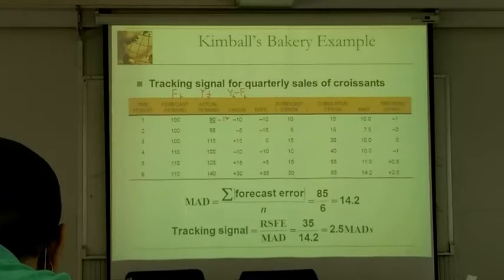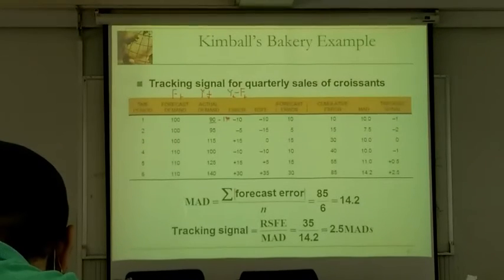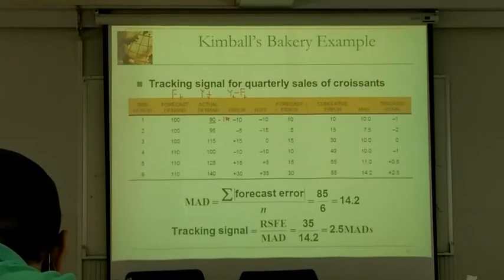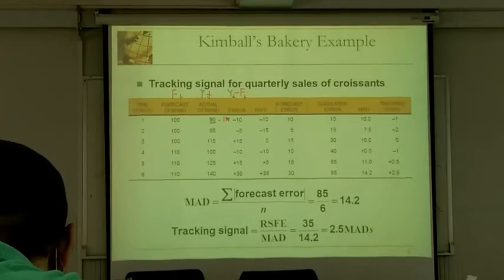So 90 subtract 100. For example, you got minus 10. 95 subtract 100, minus 5, 115 subtract 100, 15 and so on.